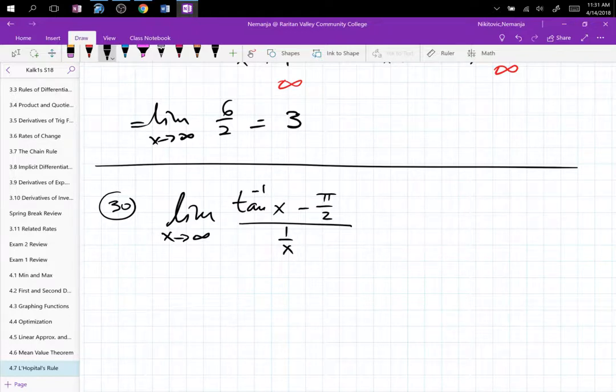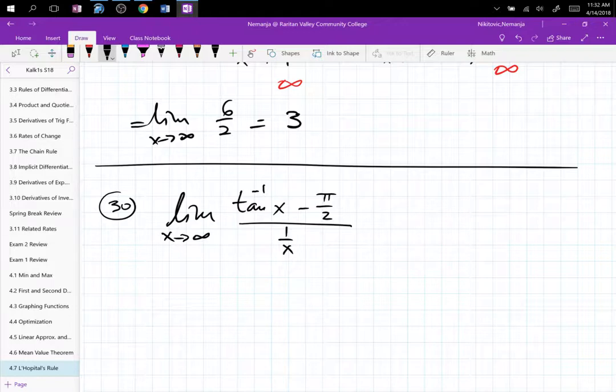Good, let's plug in infinity. When we plug infinity into inverse tangent x, it goes to pi over 2. You all know that because you know the inverse tangent graph. We reviewed that on day 1. As x goes to positive infinity, the y value will go to pi over 2.